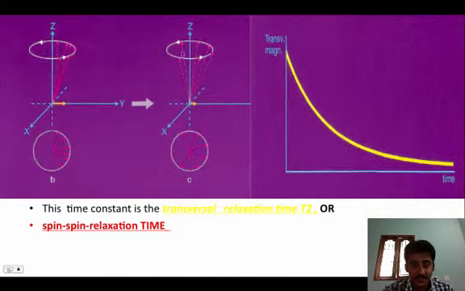This relaxation is called T2 relaxation or spin relaxation. Here, as spin relaxation starts happening, the transverse magnetization starts decreasing. We can see in this graph the transverse magnetization with respect to time. The net transverse magnetization starts falling as spin relaxation starts.